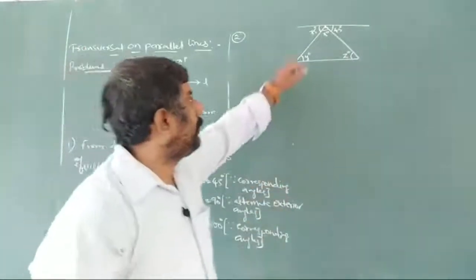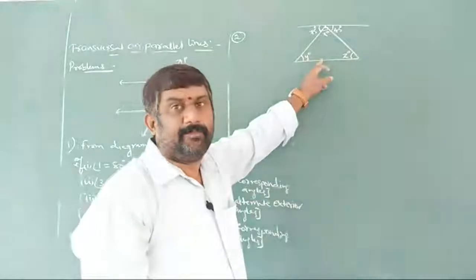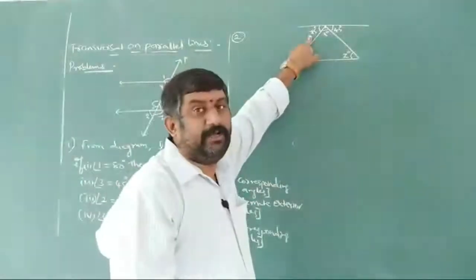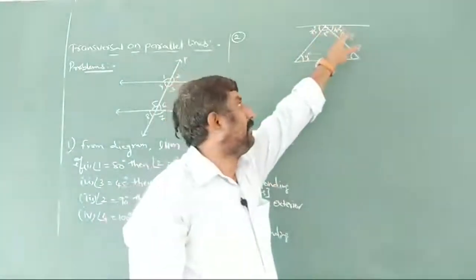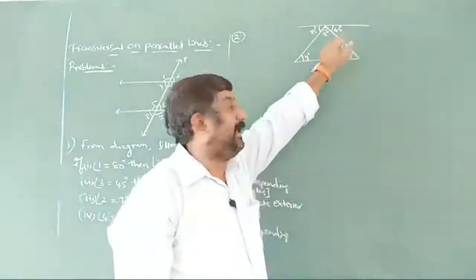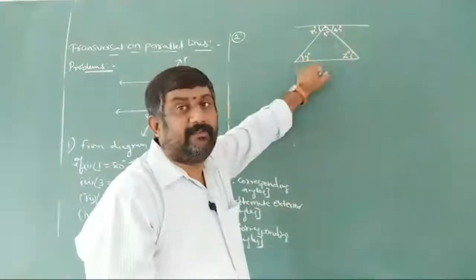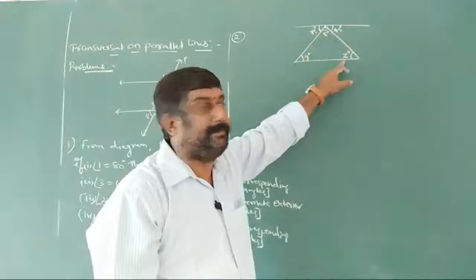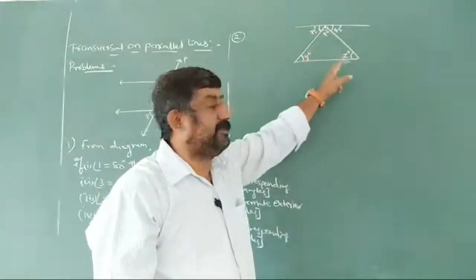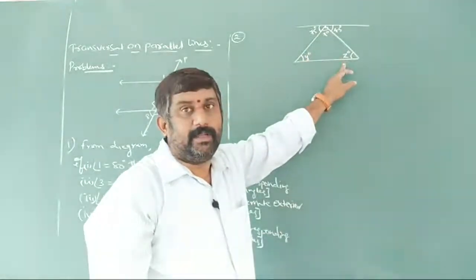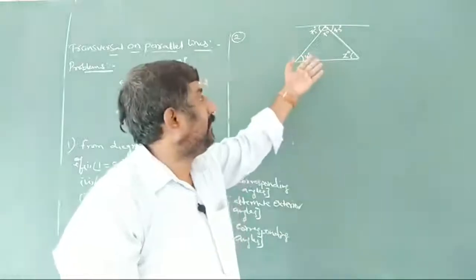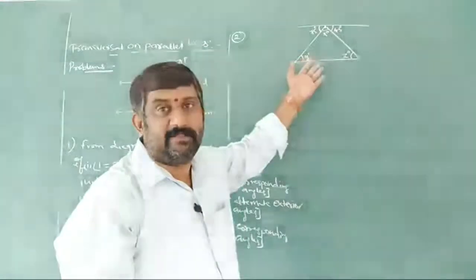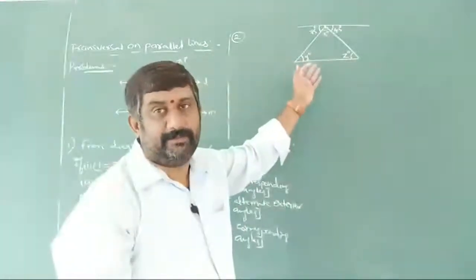Observe here, this is a triangle and the angle formed here is 75 degrees and the angle formed here is 45 degrees. Inside the triangle, the angles are given as x, y, z. Now you observe here what we can do with this x, y, z. We have to find x, y, z.